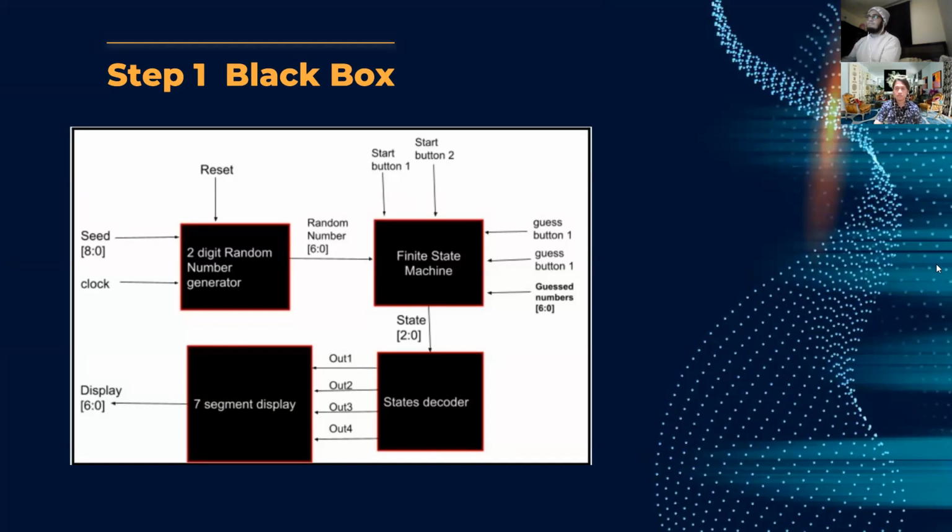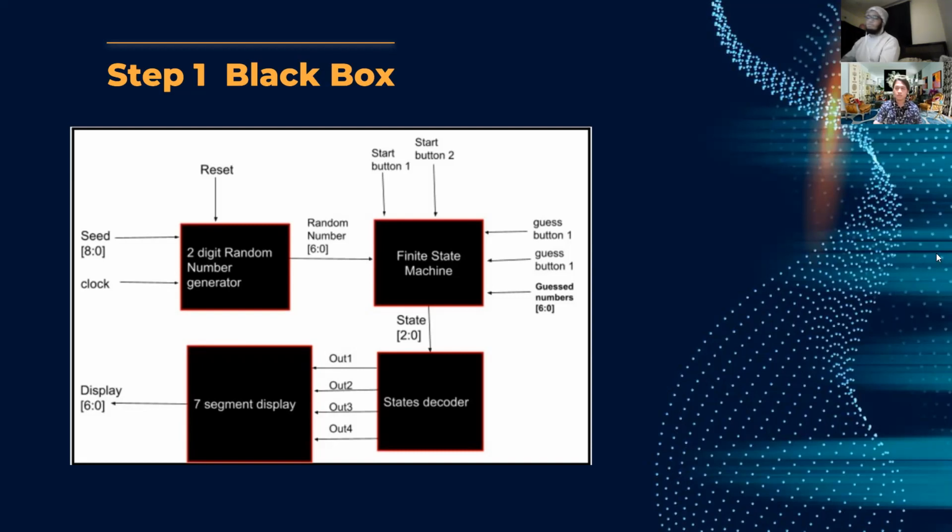In the finite state machine, there are two start buttons and other buttons for the players to guess the number and input their guess for the game.